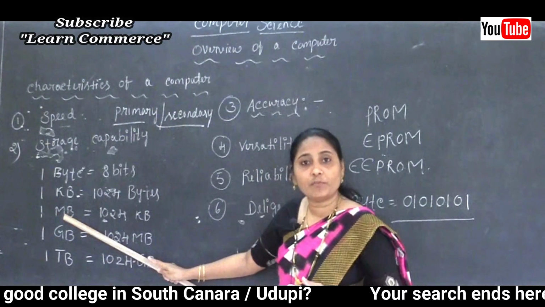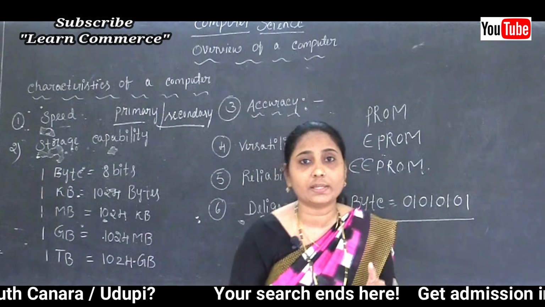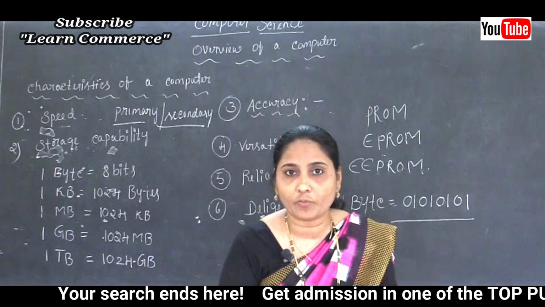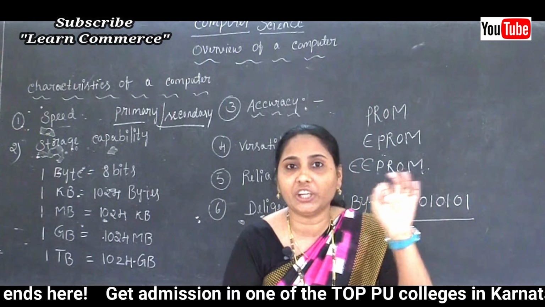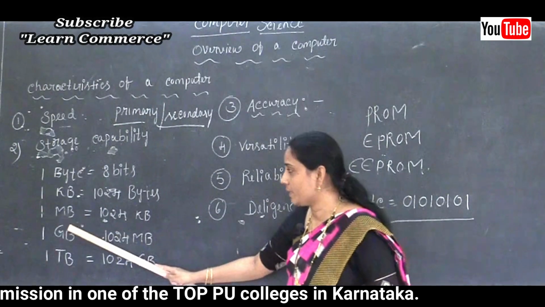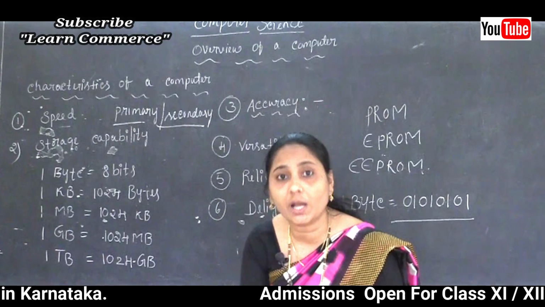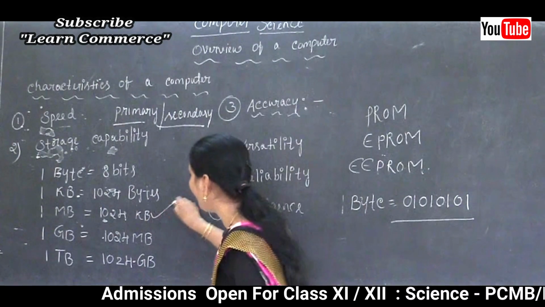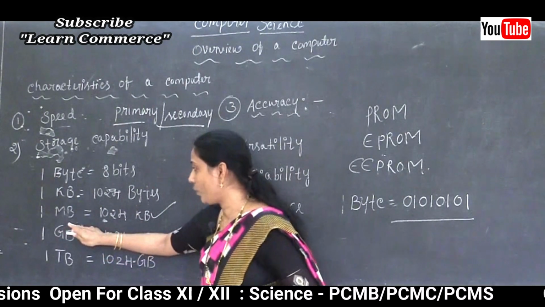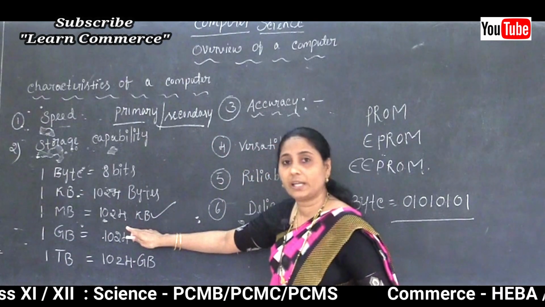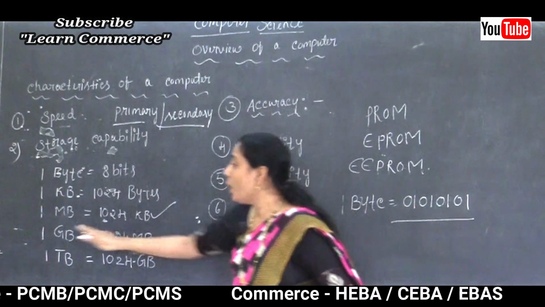What about the 1 MB? The full form of MB is megabyte, spelled MEGA. The 1 MB is equal to 1024 KB. Clear this point here? 1024 kilobytes. And later the next one, 1 GB.